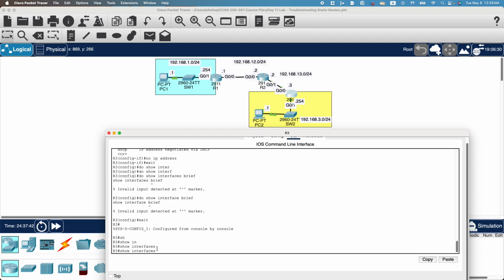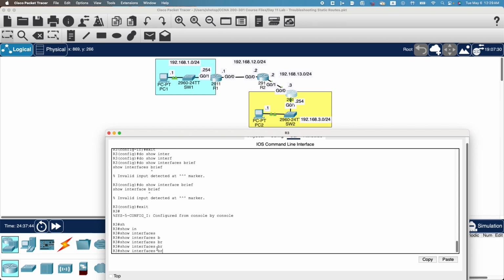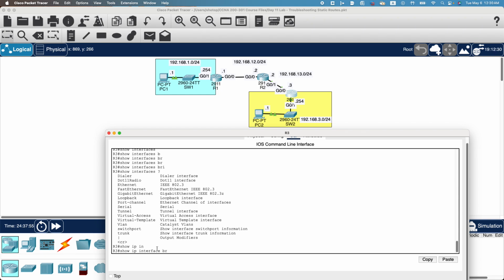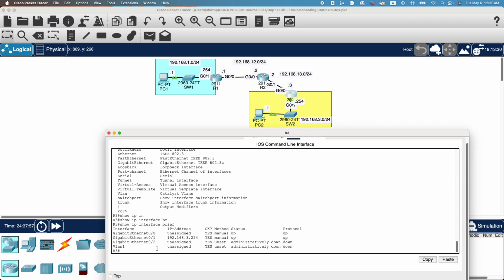Show interfaces brief. Show interfaces what? So IP interface brief. Okay. All right, good. It's unassigned. All right, so now on gigabit 0/0, we need to go back in and assign it the correct one.